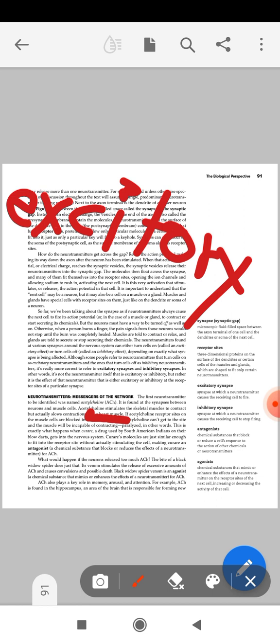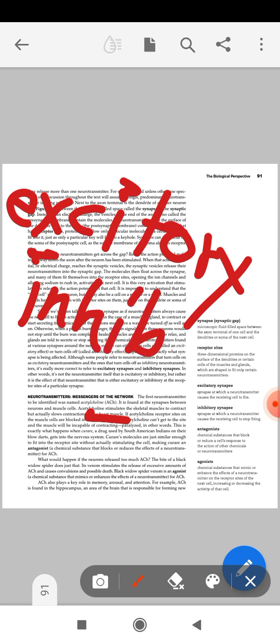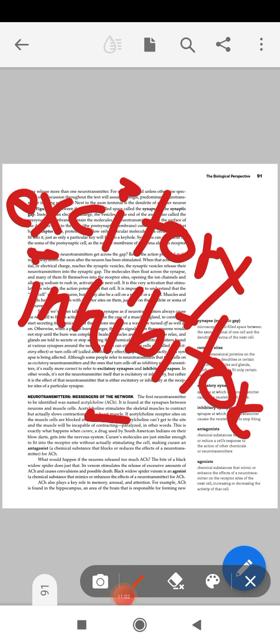So in the heart muscle, it will act as inhibitory. So it has both properties. It will either enhance the effect of the signal, or it may inhibit the effect of an action potential.